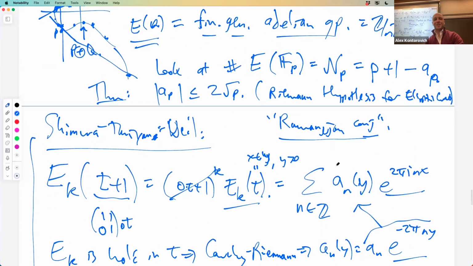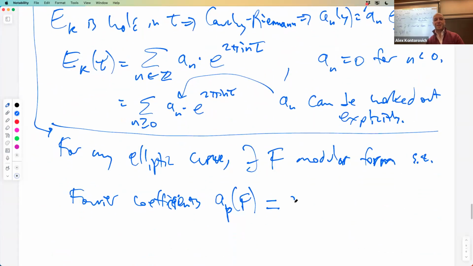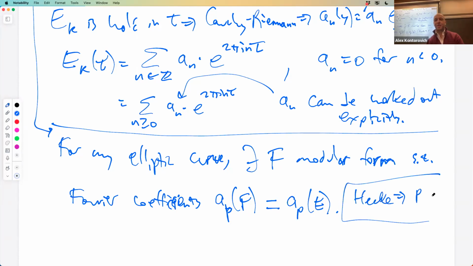The Fourier coefficients match the counts of the elliptic curve. And this became known as the modularity conjecture. Put another way, there's a way to go from the prime Fourier coefficients to all the other Fourier coefficients. There's something called Hecke operators that we won't have time to go into. But Hecke says if you know the p values, the a_p's tell you the a_n's for all n.